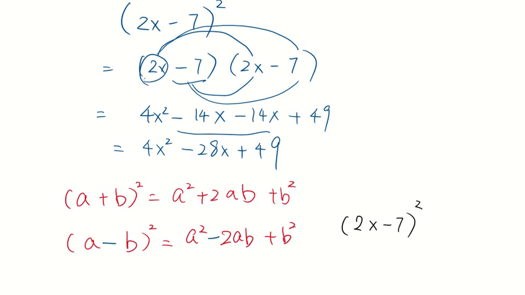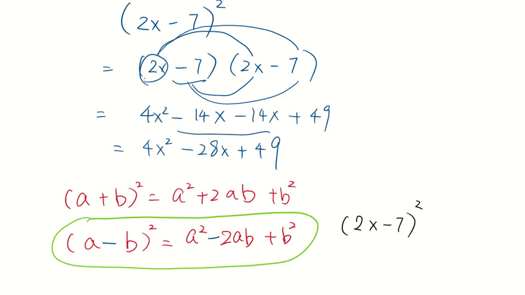I will use the bottom formula here because that's in the form of a minus b squared, right? So in this case, our a will be the 2x, the b will be 7. According to the formula, it is equal to a squared, which is 2x squared.